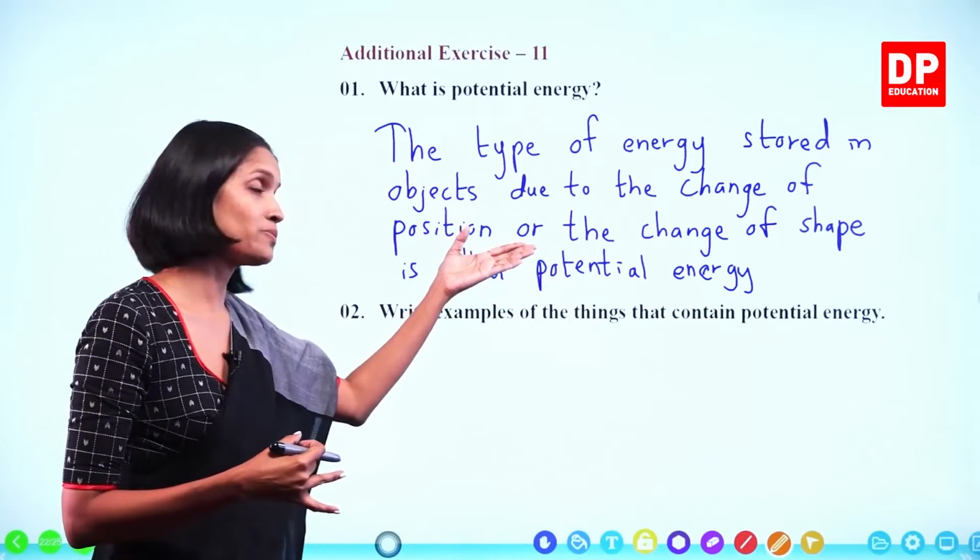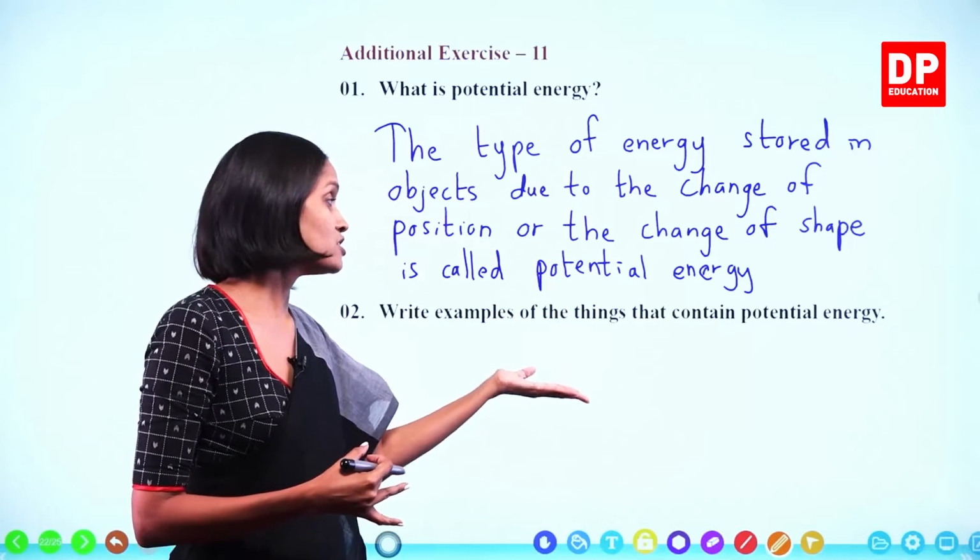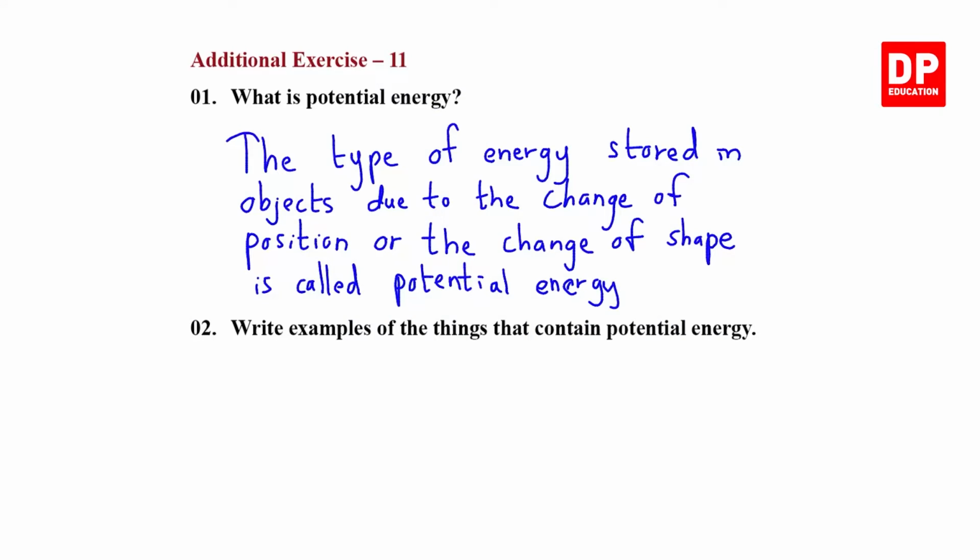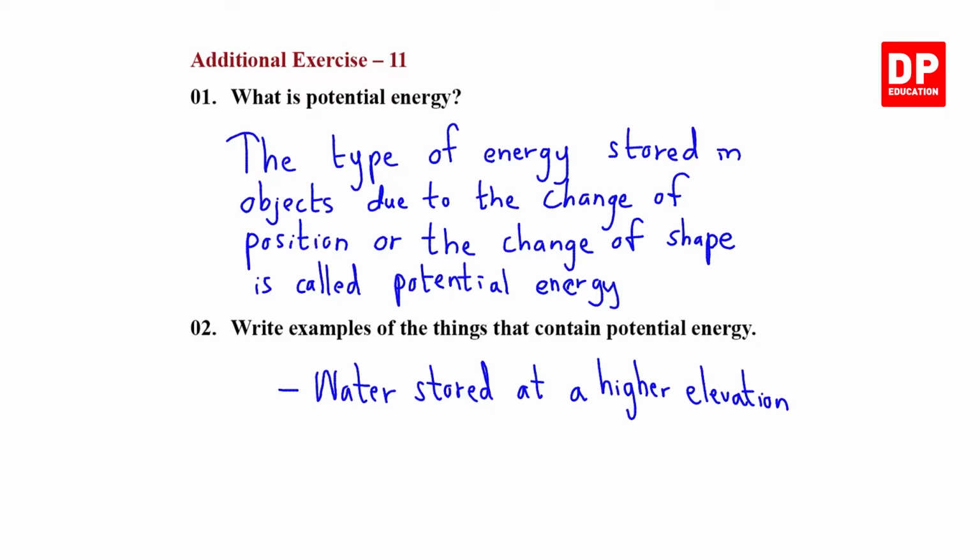So write examples of things that contain potential energy. You all know in hydropower plants, the water is stored at a higher elevation, right? Let's write: water stored at a higher elevation. Then a stretched rubber band.